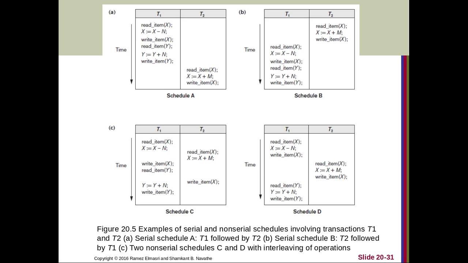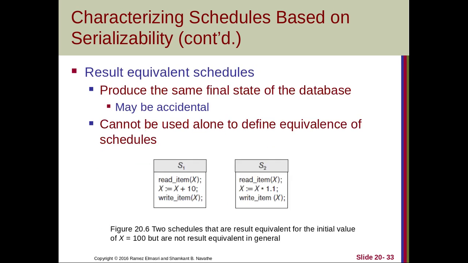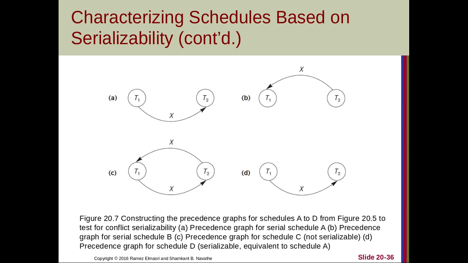In T2 you have a read item X and in T1 you have a write item X. Those two operations are also conflicting, so you should have an arrow from T2 to T1. So T1 to T2 you have an arrow and T2 to T1 another arrow. That forms a cycle. That is the case of C, and that is not a serializable schedule.